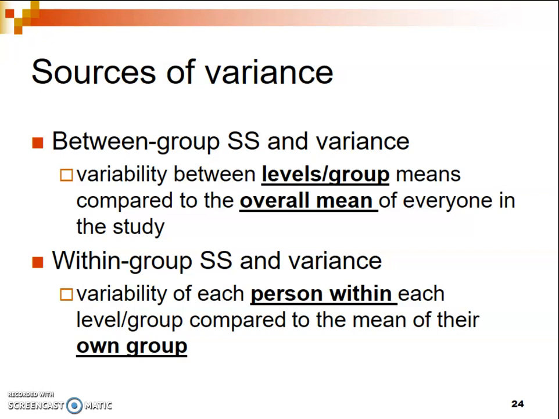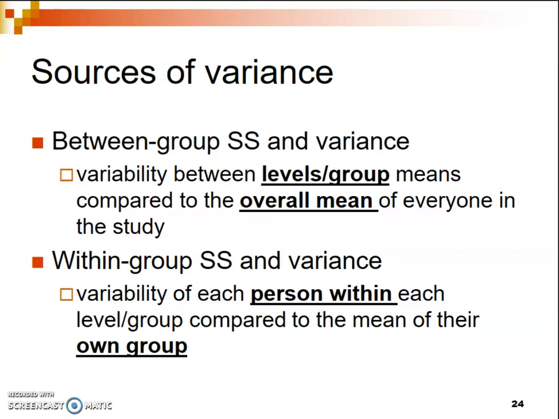And again, the within group sum of squares and within group variance is going to be looking at the variability of your people within each of your groups compared to the rest of the people in that group. So this is our source of error, or how much difference we should just expect between people in general in our study.